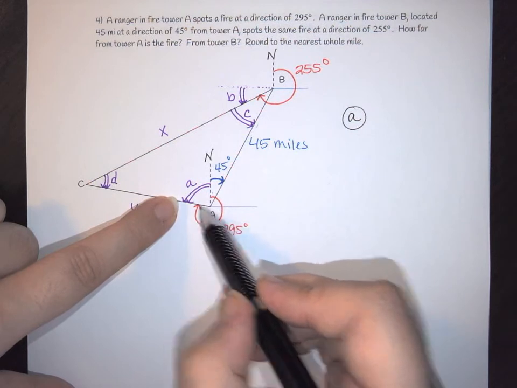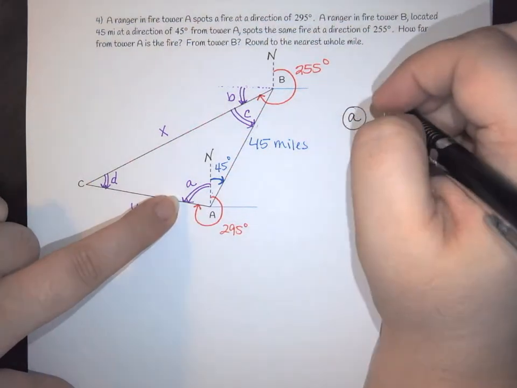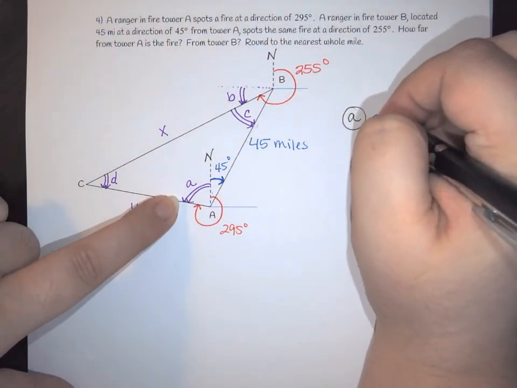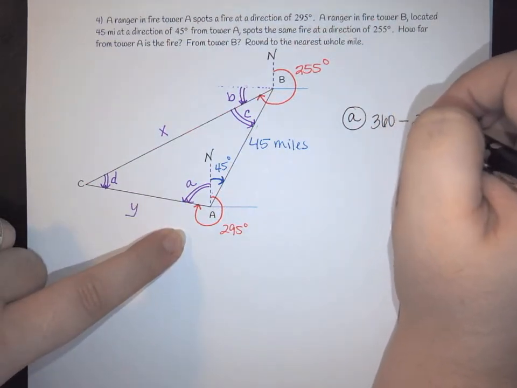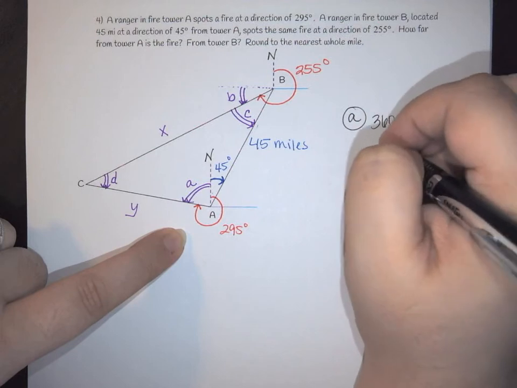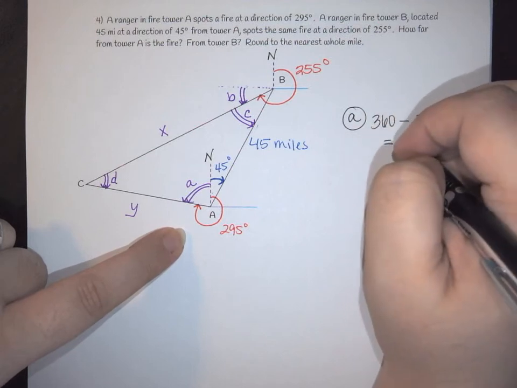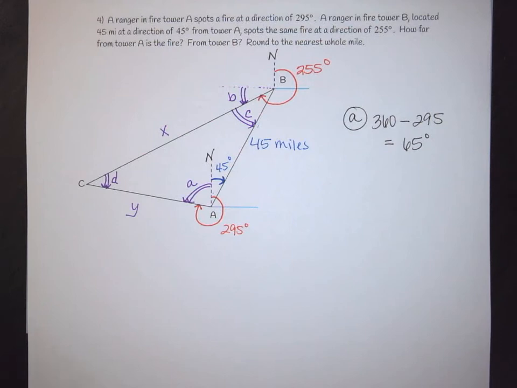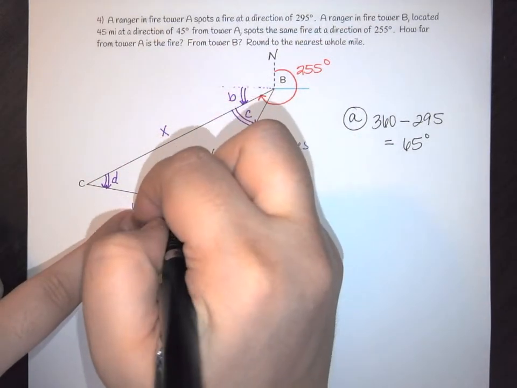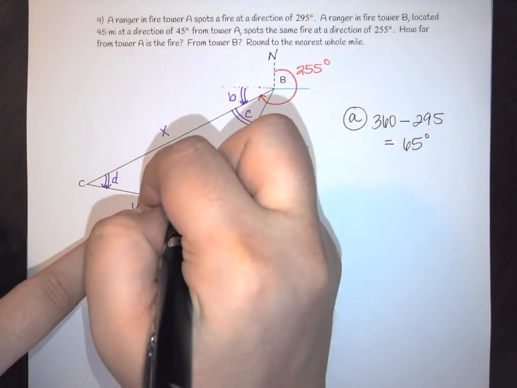So to find little a, I take my full revolution, 360, and subtract 295. This makes little a equal to 65 degrees.